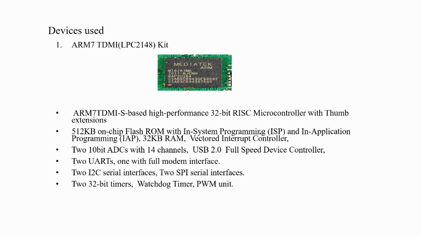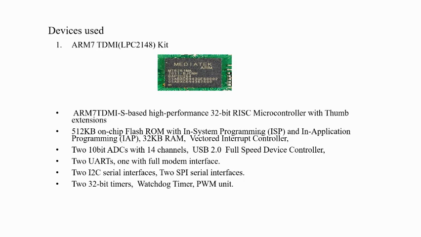Here is a small description of the microcontroller: it has 512 kilobytes of on-chip flash ROM with 32 kilobytes of RAM, two 10-bit ADCs with 14 channels, two UARTs, one PWM unit and two 32-bit timers.